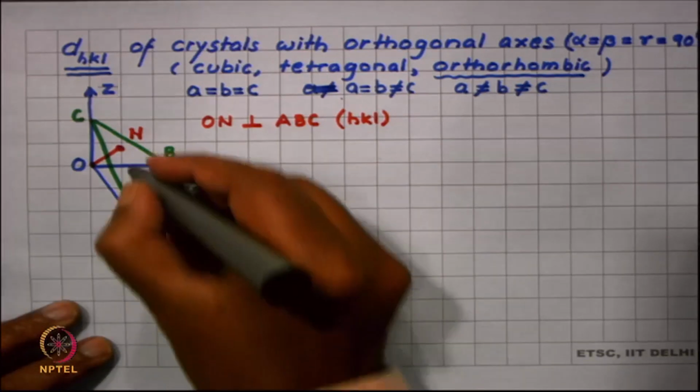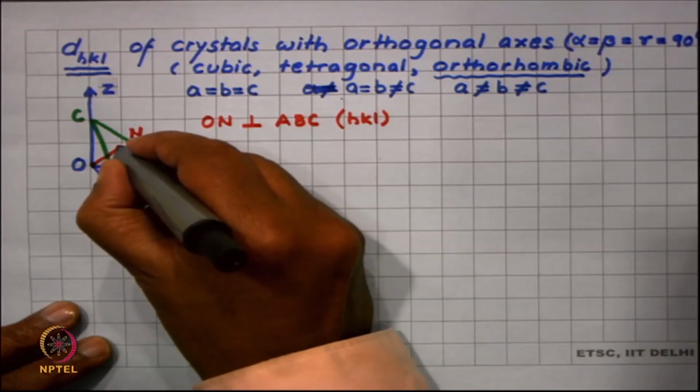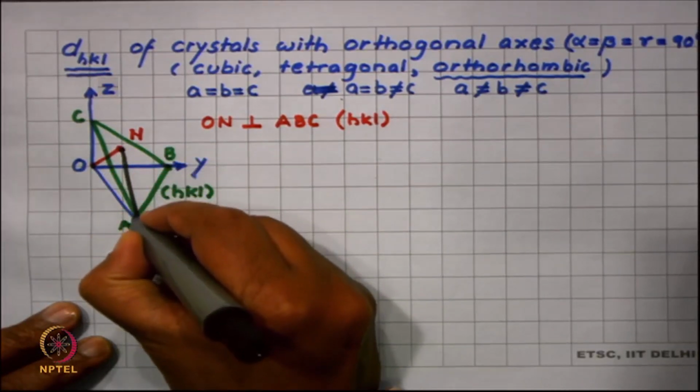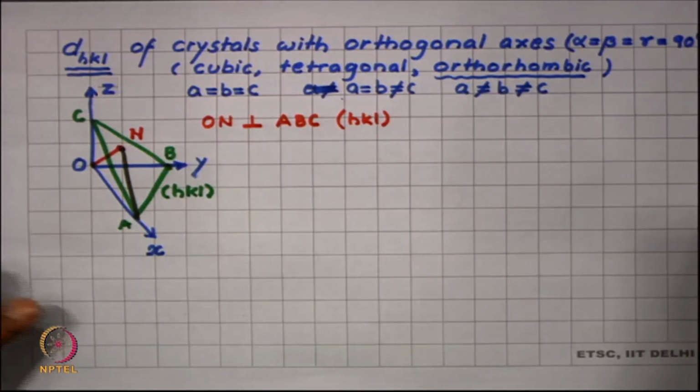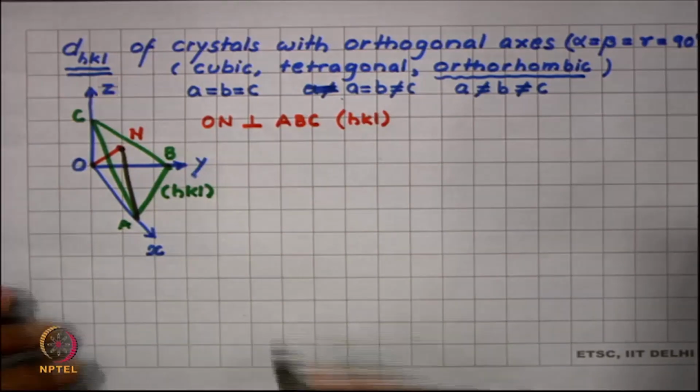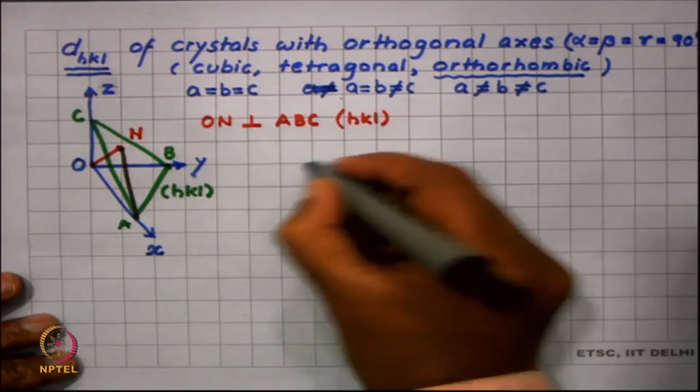Now, let me connect N and A and look at this triangle ONA.